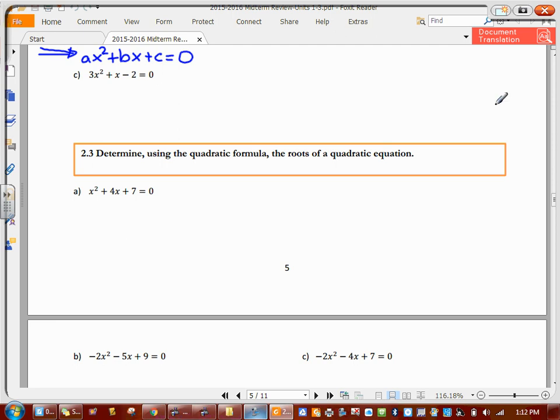So, I look, it's got 3 terms, I need to do a diamond. So when I do a diamond, it's going to be my a number times my c number. My a number is a 3, my c number is a negative 2. That's giving me negative 6. Now I have a positive 1 on the bottom for my b value. So now, I need to find the numbers on my wings.